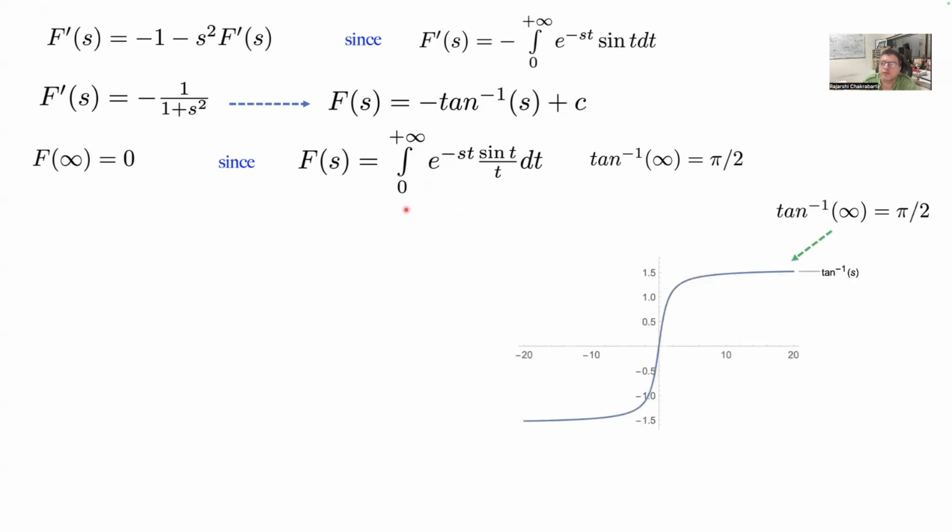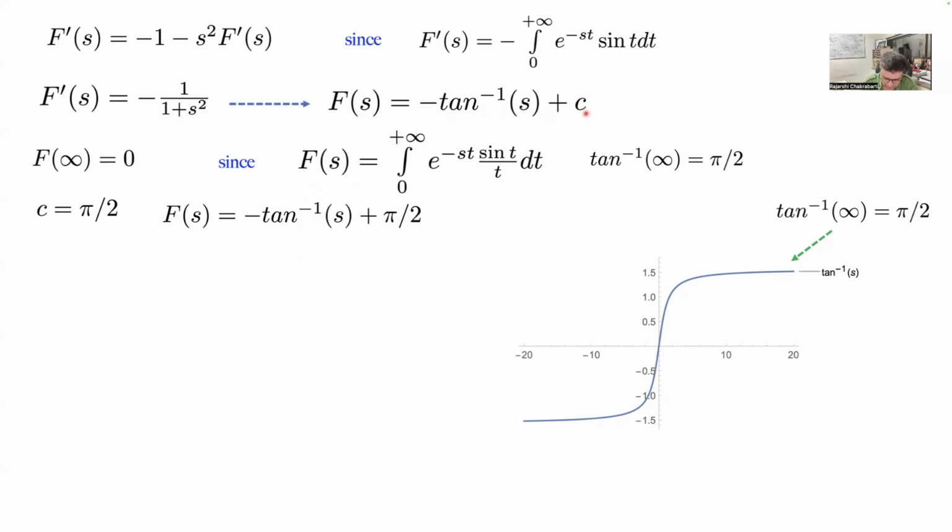This is pi by 2, because if you plot tan inverse s as a function of s for plus minus infinity, it will saturate to a value which is nothing but pi by 2. So this will give you the value of that constant c, because what you have here is 0, which is equal to minus tan inverse of infinity, which is minus pi by 2, plus c. So you can take pi by 2 to the other side. So c becomes pi by 2.